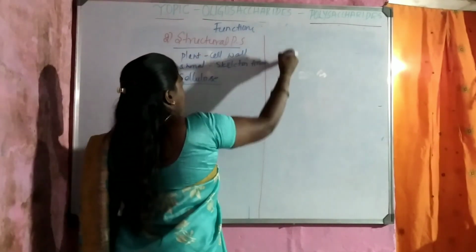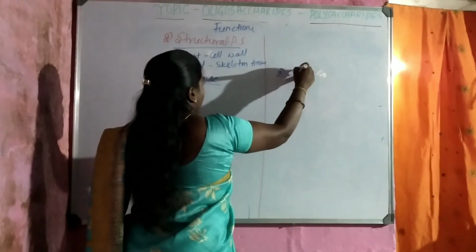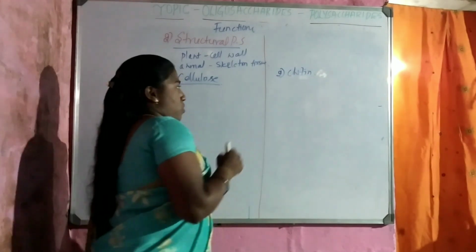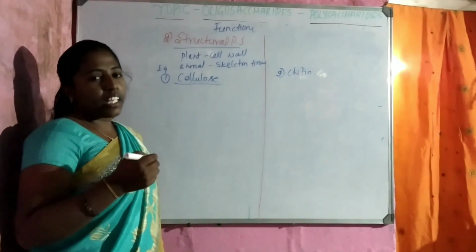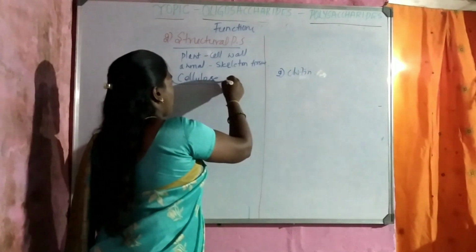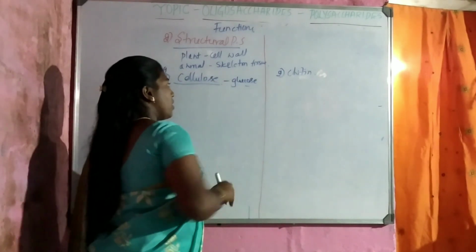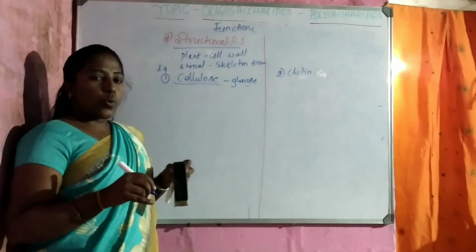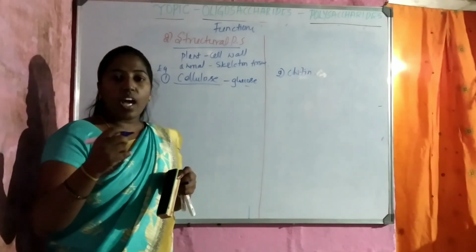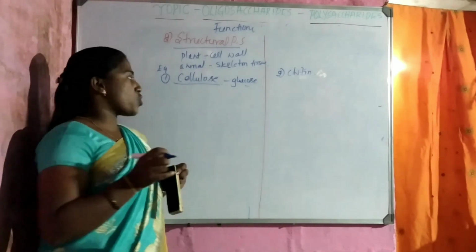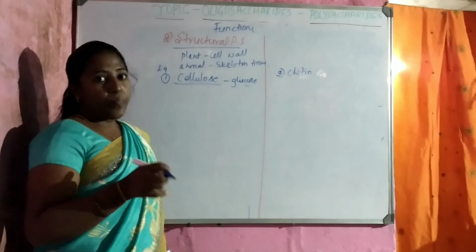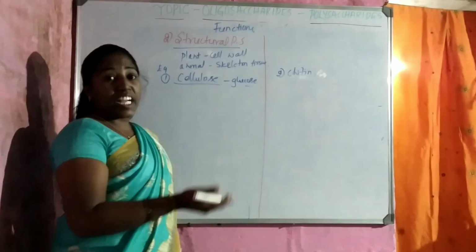First let us discuss cellulose. Cellulose is made up of what? Glucose. This cellulose is not soluble in water, but it can undergo hydrolysis.